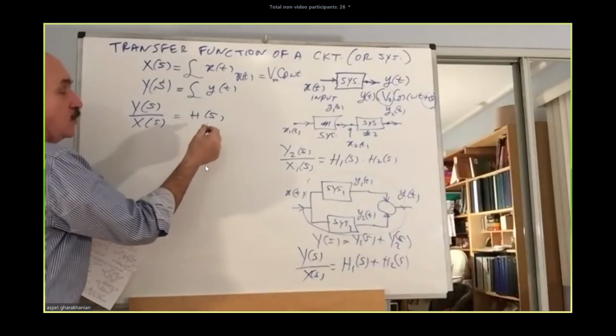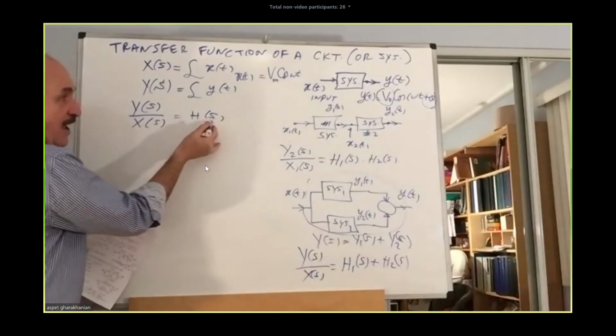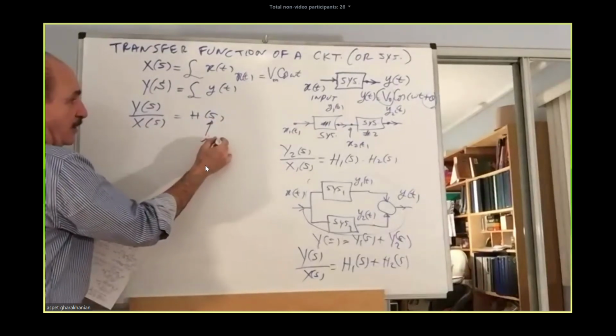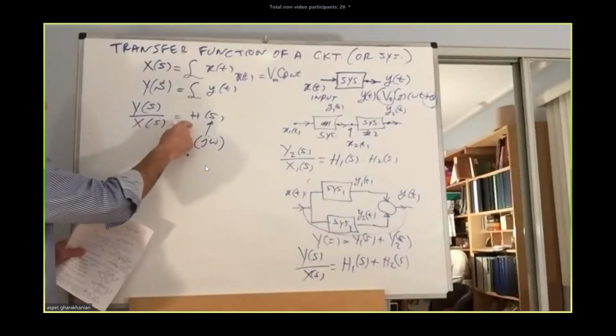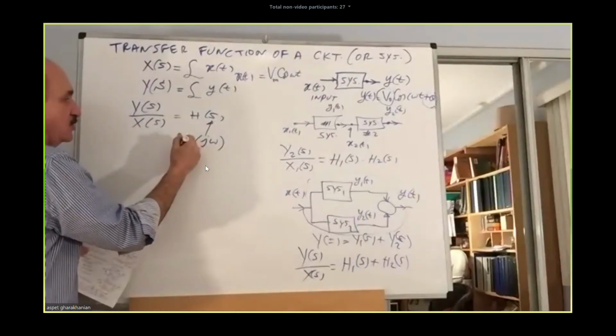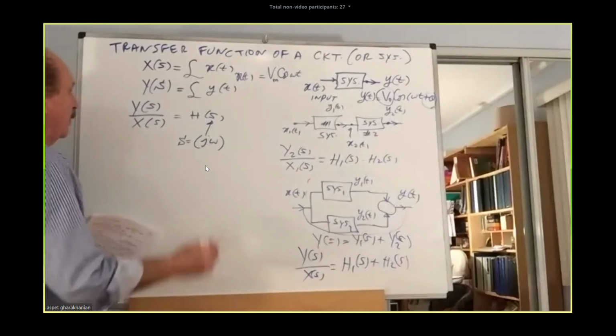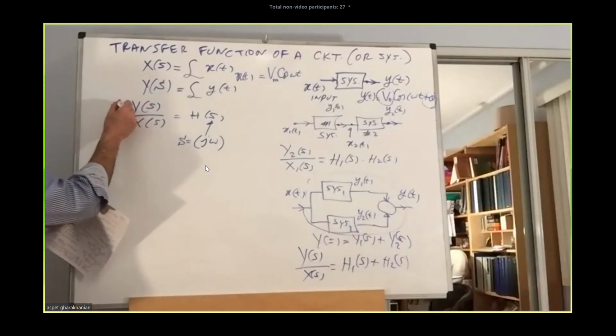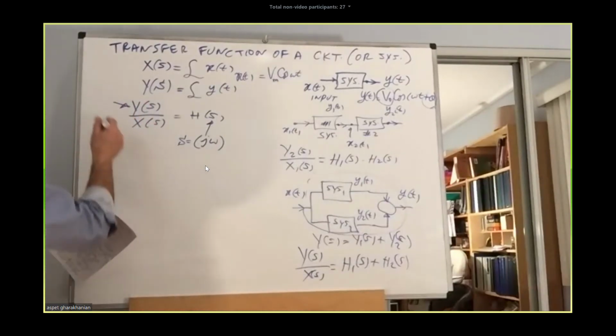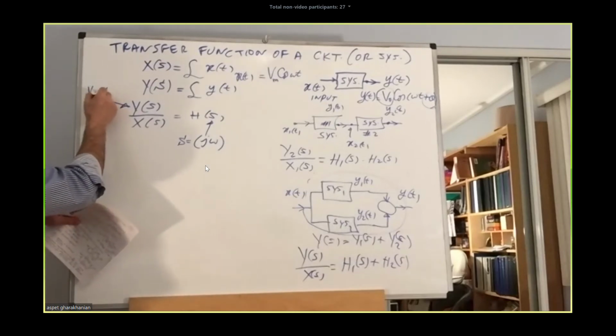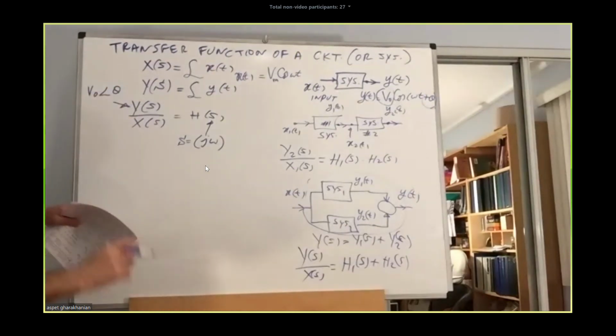You simply will substitute for s the j omega in the H. So s will be substituted by j omega. For the y of s, you will substitute Vo angle theta. That's for y of s.